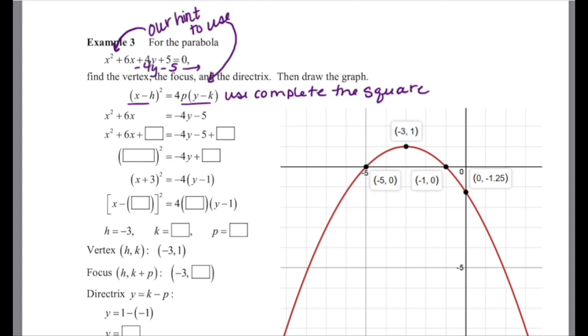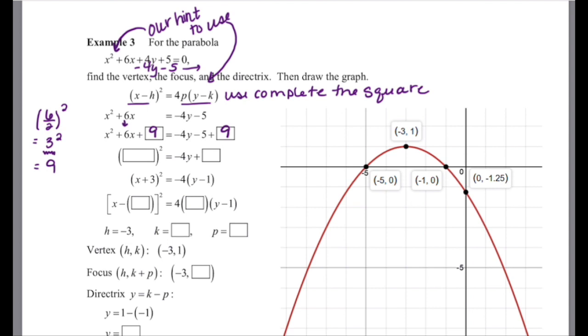So to complete the square, I look at my value of 6, divide it by 2 and square it. This gives me 3 squared, and 3 is the value that we're going to need for both sides. This equals 9, so I want to add 9 to both sides.